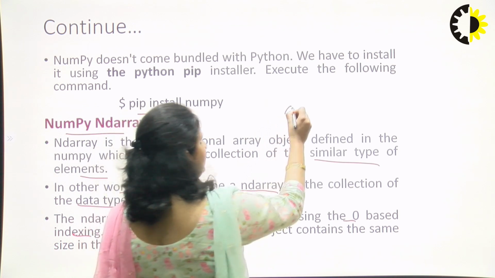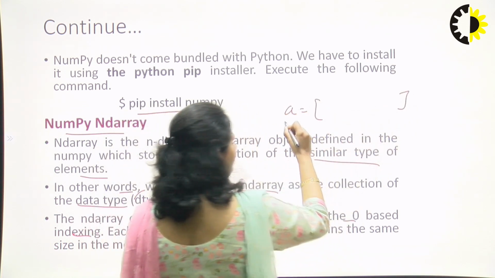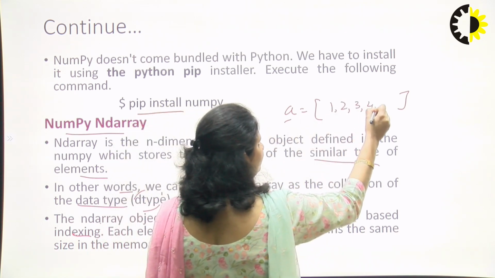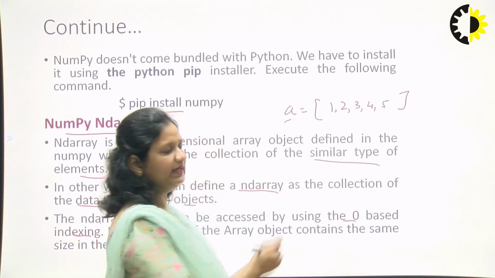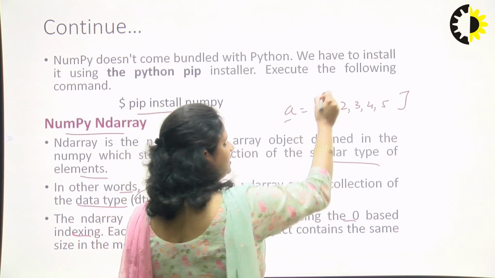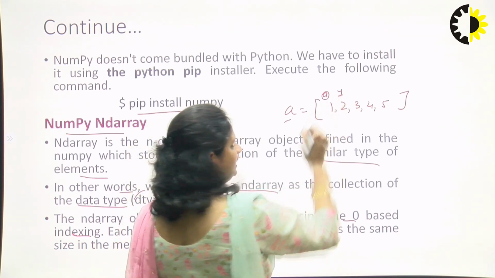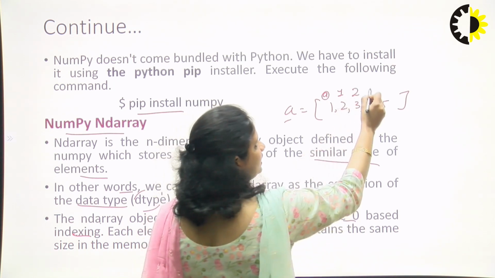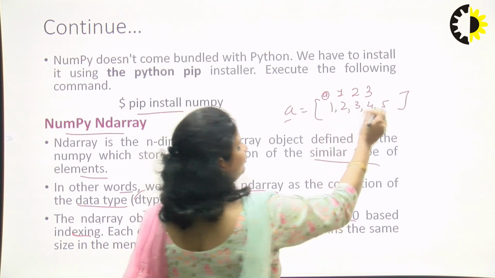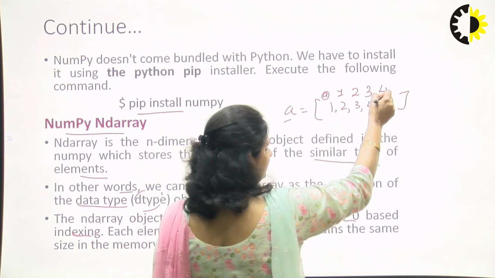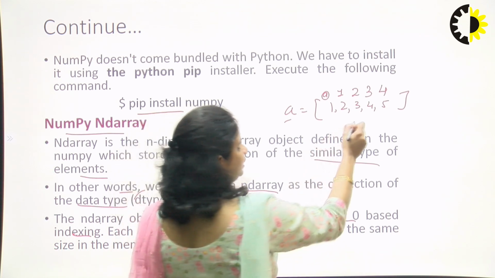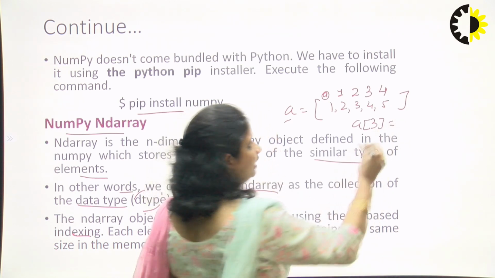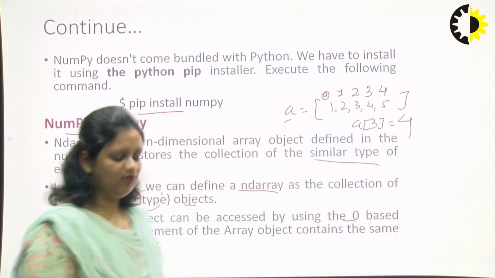If we have an array named A with five elements 1, 2, 3, 4, 5, the first element is at index 0, the second element at index 1, the third element at index 2, the fourth element at index 3, and the fifth element at index 4. So if we have to find the element at index 3, the answer is 4.